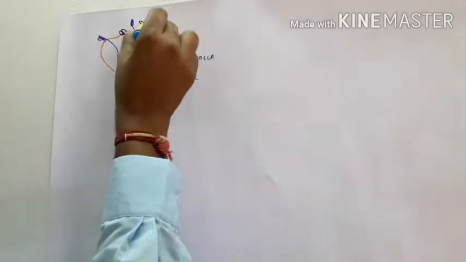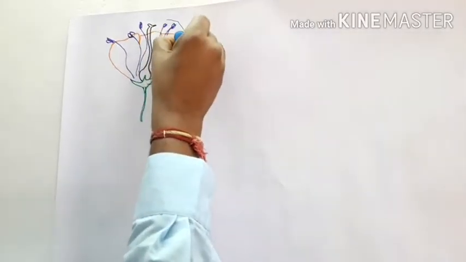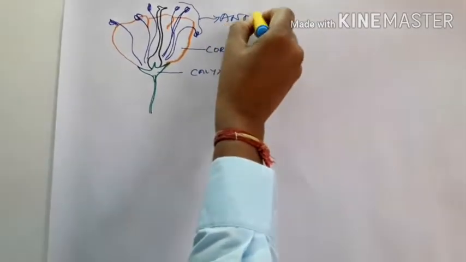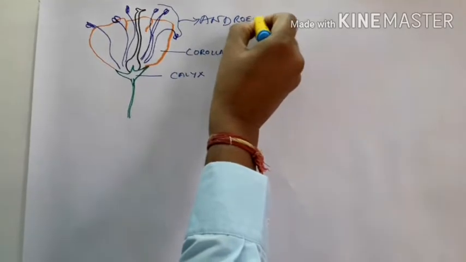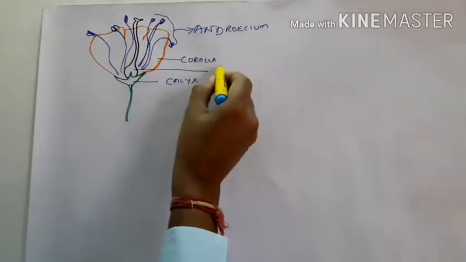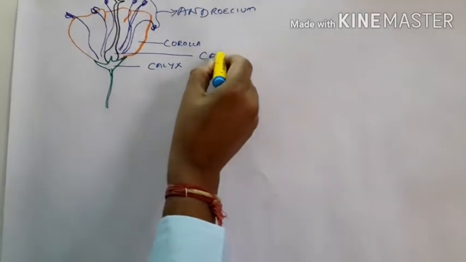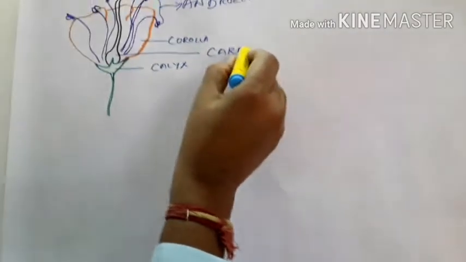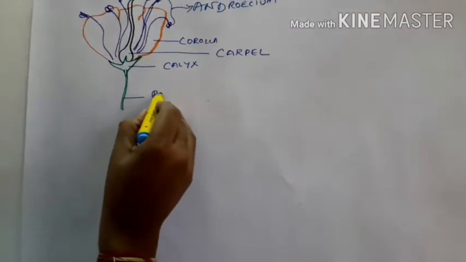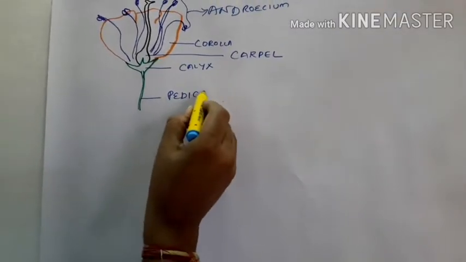And you'll find this part here, which is given by the gray color, these ones. Yes, it is the androecium. And here you find the carpel. Okay, so these are the parts, and this is your pedicel, right? Okay, so your flower you can see.